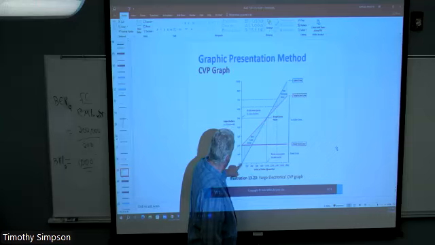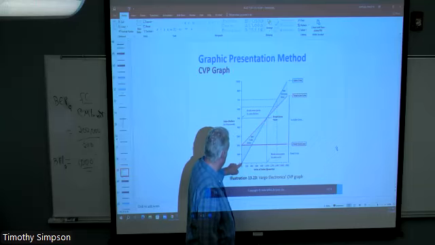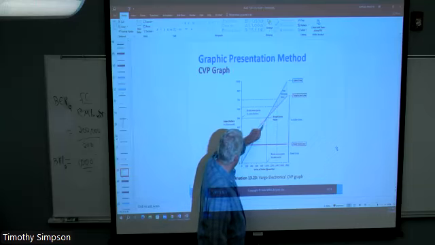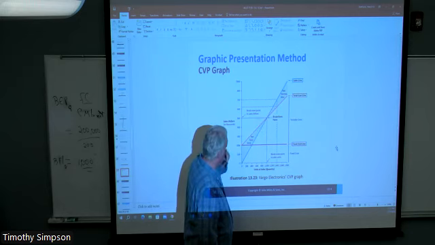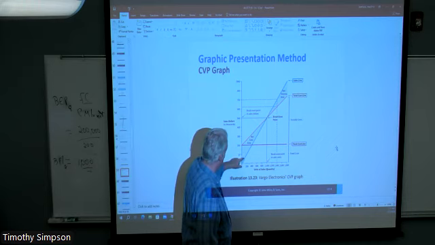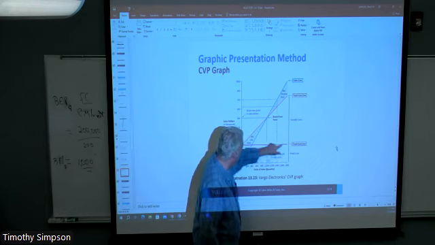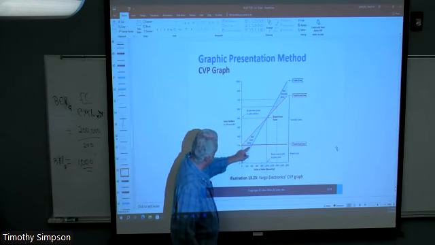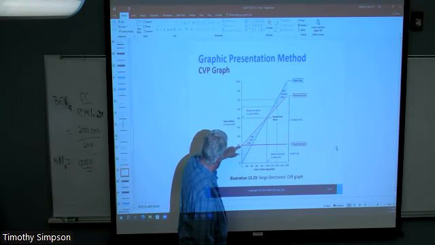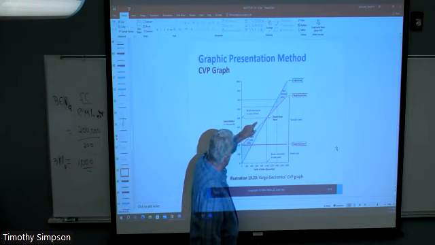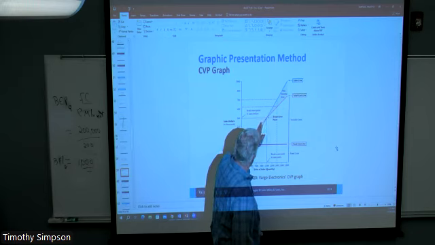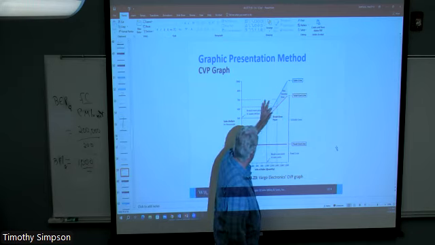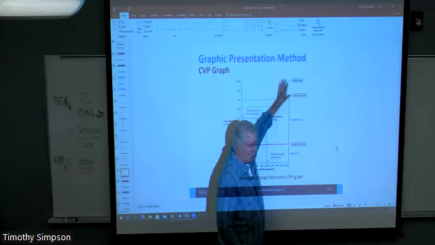Sales at 0 units are obviously 0 sales, and it goes up at a linear rate, at the dollar per unit rate, $500 per unit. Notice the fixed costs are right here. If you don't get to this area here, you've not even covered your fixed costs. But what's most important is this area here. We've got the break-even point, and every dollar beyond the break-even point expands your contribution margin.